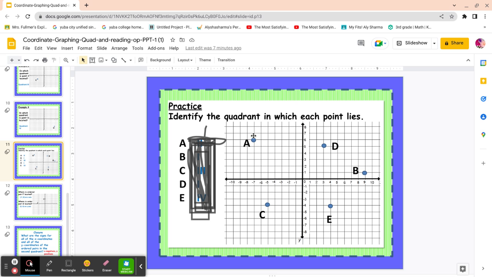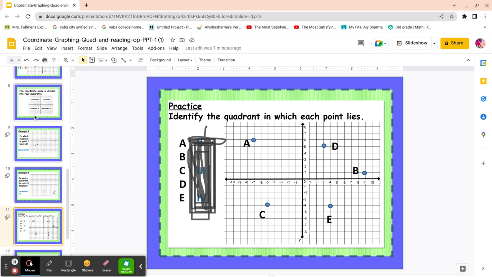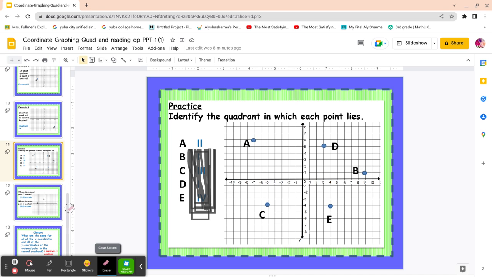This is A. If we were to look back at here, it would say that's in quadrant I. So let's see. I'll erase it. Yes, it's in quadrant I.